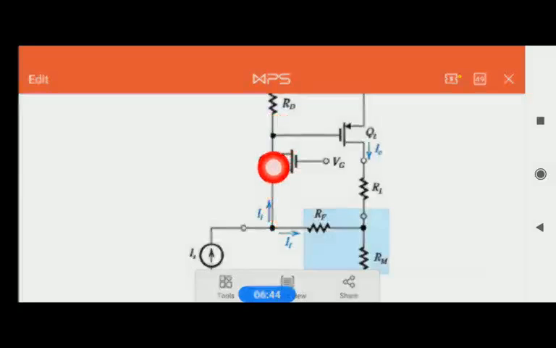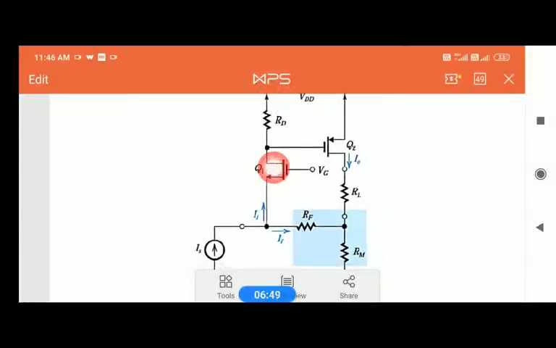So we already discussed that when the current flows from drain to source more, the impedance between drain and source is less, hence the voltage at the drain is less.